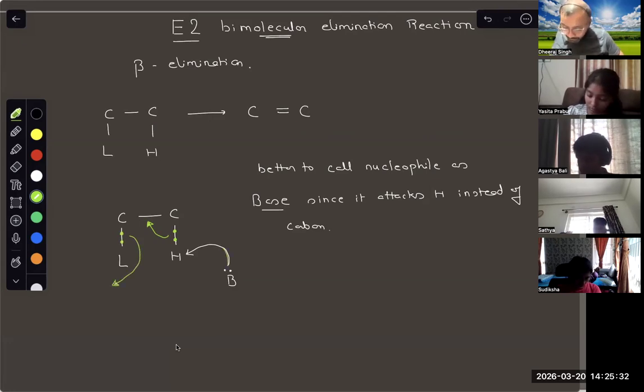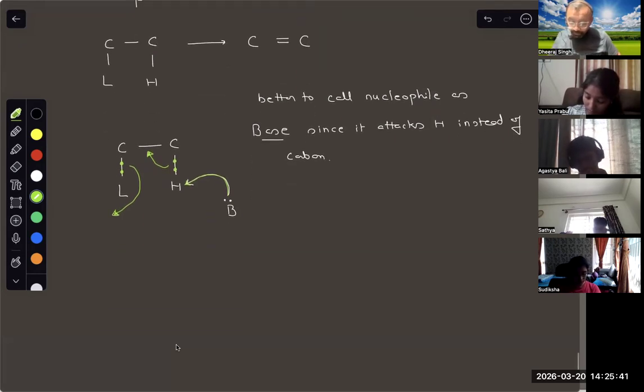And all of this happens simultaneously. Okay. And then this carbon-carbon double bond gets created. Okay. So if you look at the transition state, it is somewhat like this.